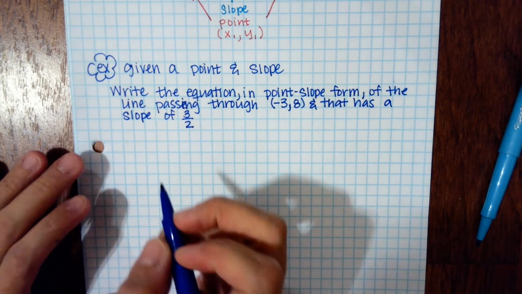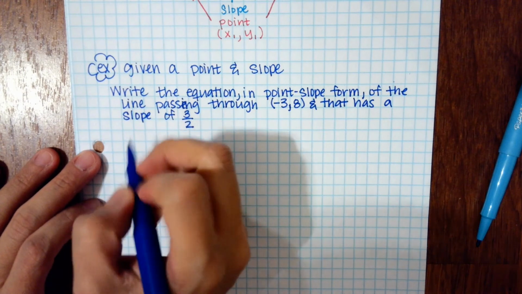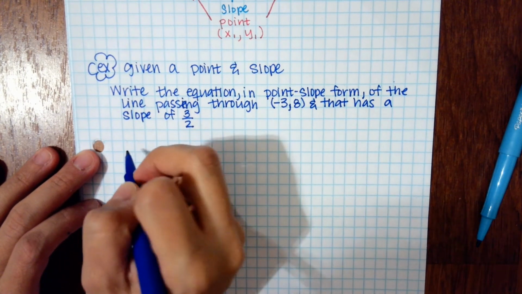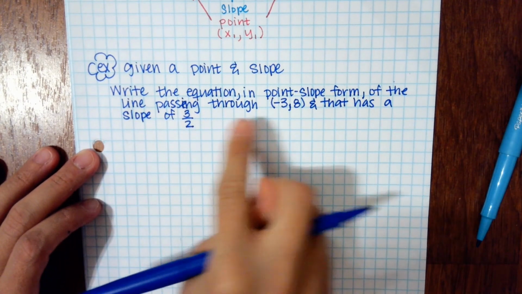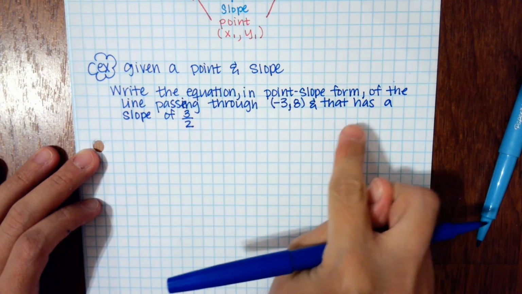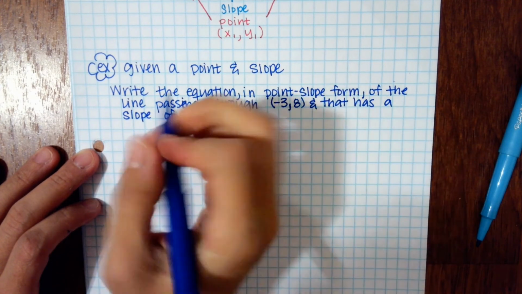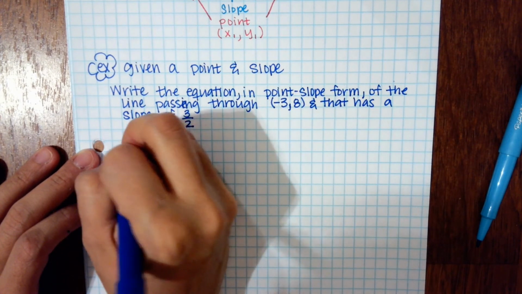Alright, so my first step, since I have a point and I have a slope, and they're telling me to write it in point slope form, I have to know what point slope form looks like.